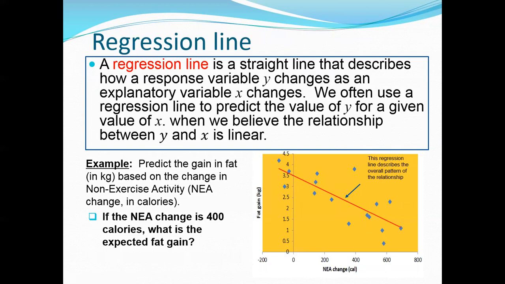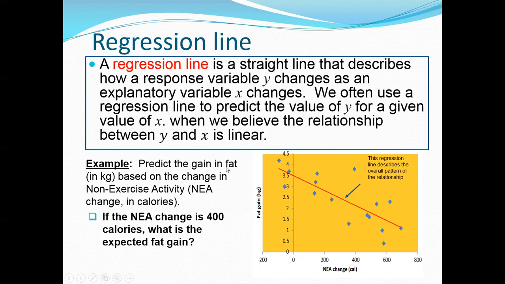We're predicting the fat gain, that's a y value, from the change in non-exercise activity, that's an x value. We're going to answer the question: if the NEA change is 400 calories, what is the expected fat gain? The regression line describes the overall pattern of the relationship that we see here.